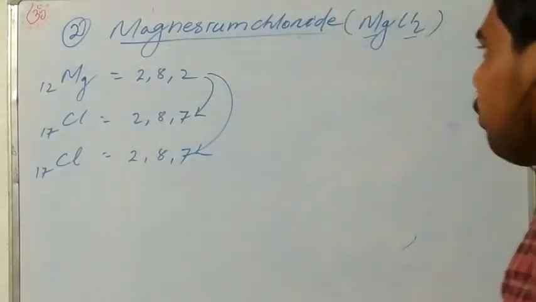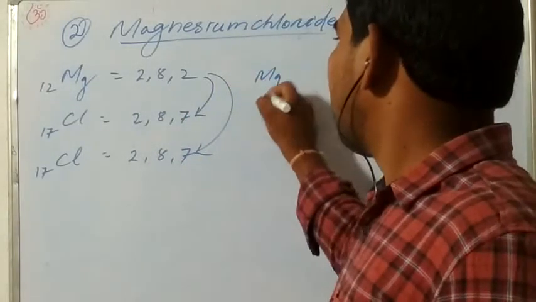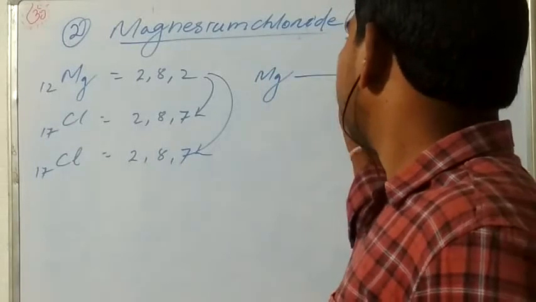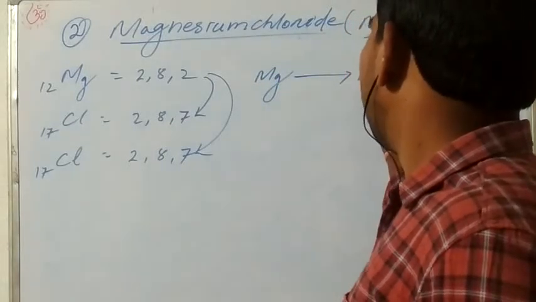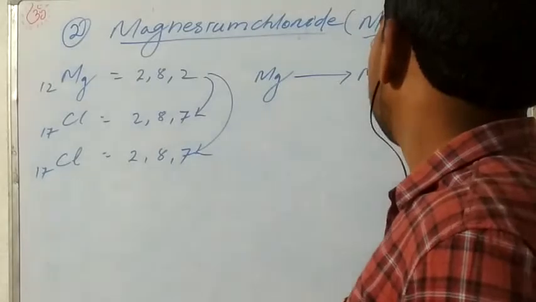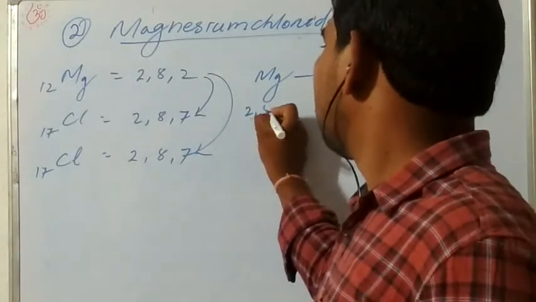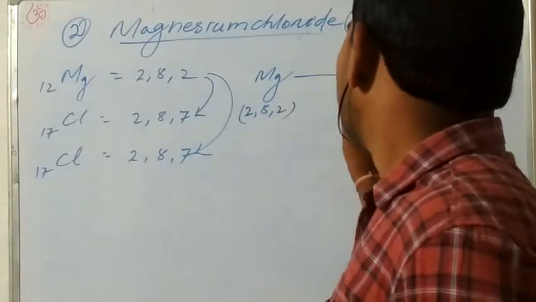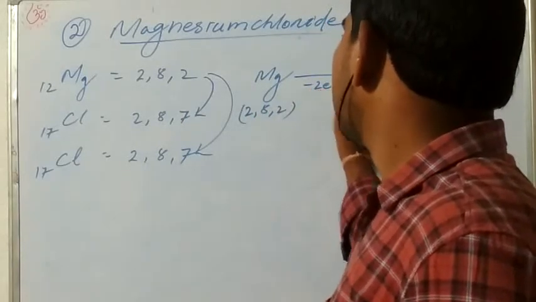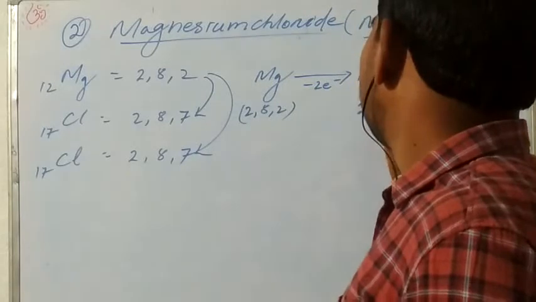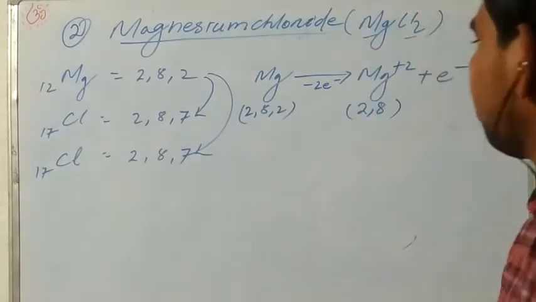So magnesium loses the electrons and forms Mg2+. This is magnesium 2, 8, 2, and it loses 2 electrons and forms magnesium ions.